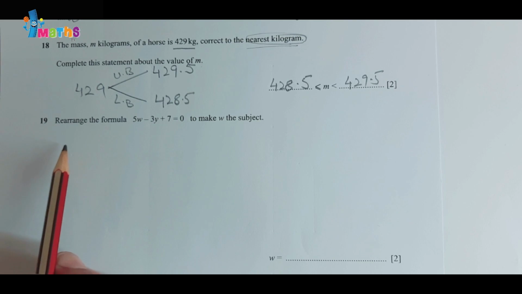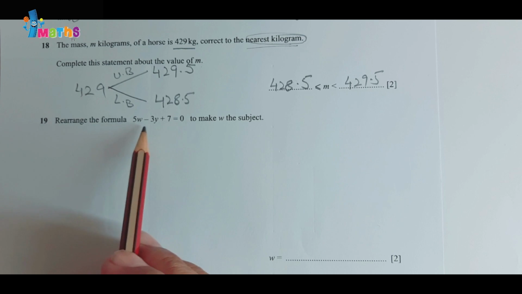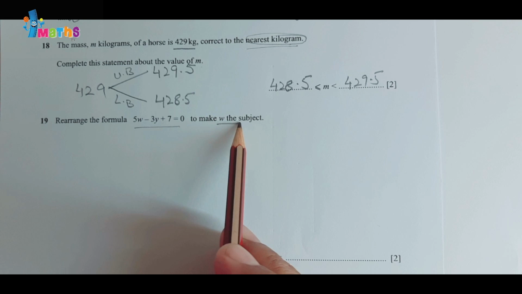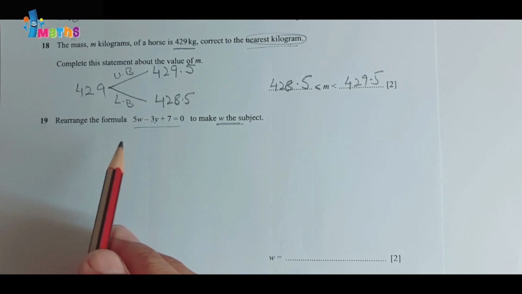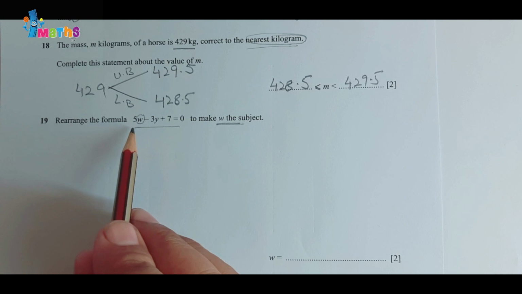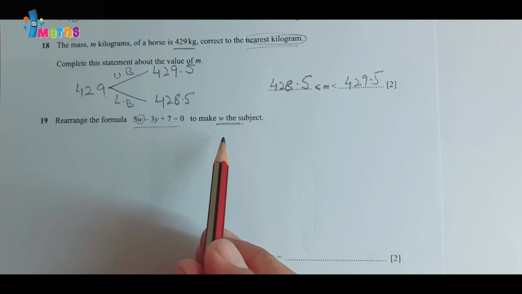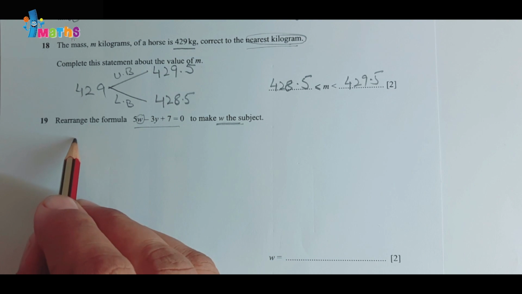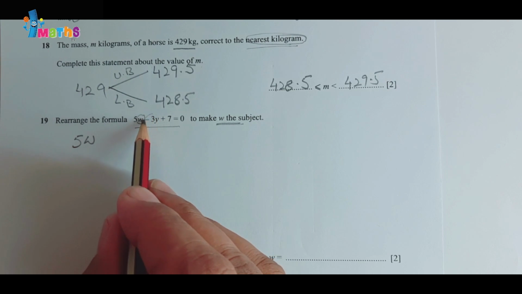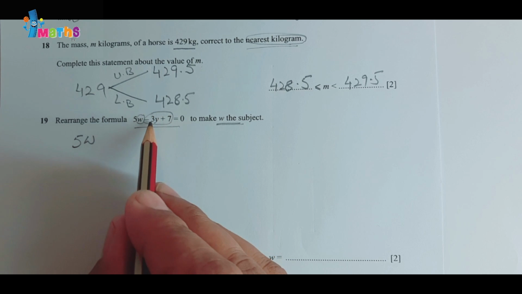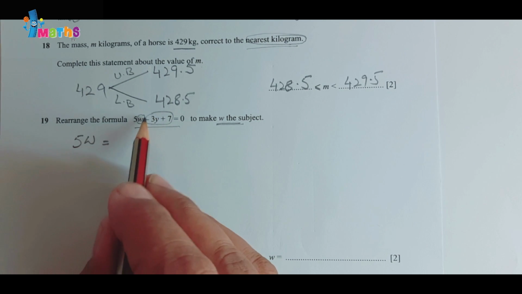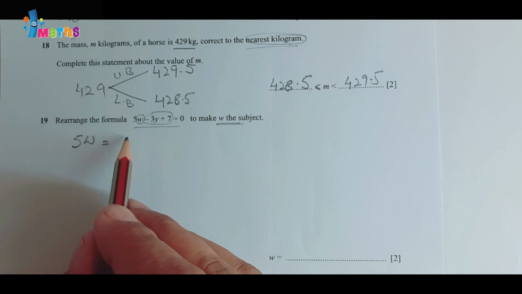Question number 19. Rearrange the formula. We'll have to rearrange this formula and make W the subject. So W we will require on one side of the equality and the rest of everything we will shift to the other side. First of all we can shift this portion, minus 3y plus 7, to the other side. When it goes to the other side, signs will change.